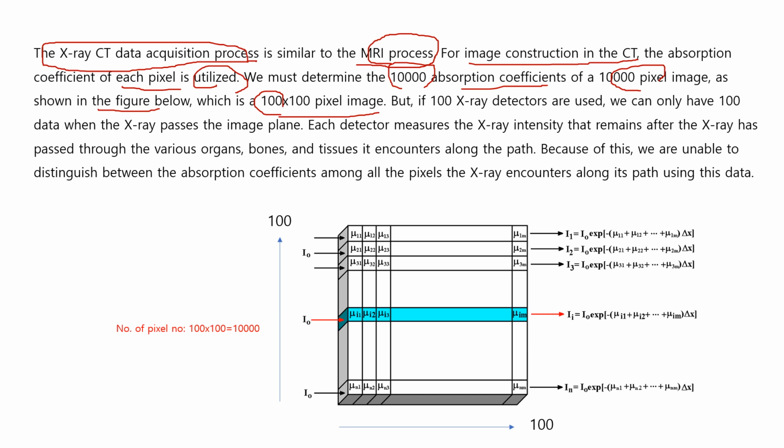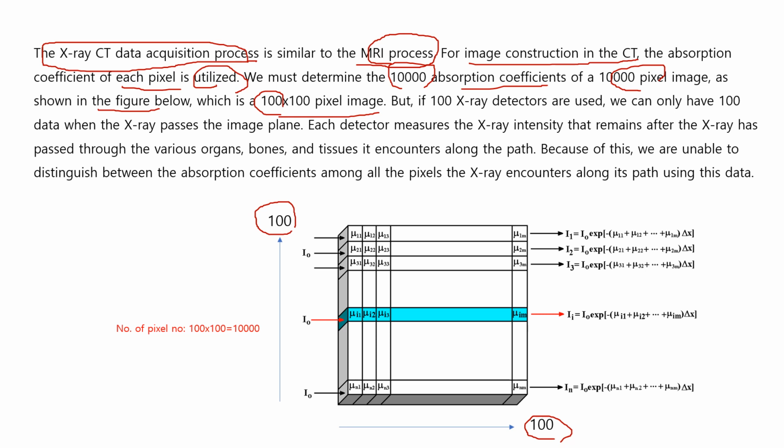You can see here we divide the image plane into 10,000 pixels. So in this direction 100, and this is 100, so we have 10,000 pixels. So we have to obtain the absorption coefficient of 10,000 pixels.